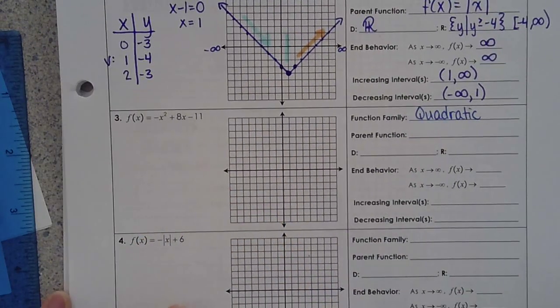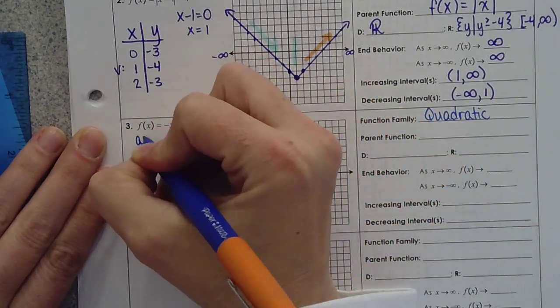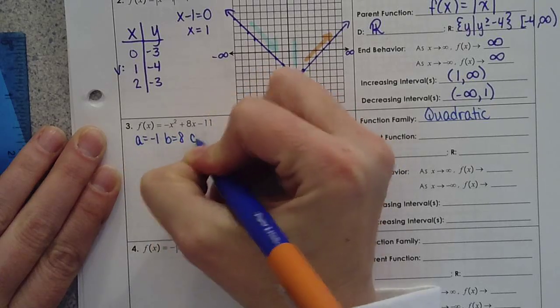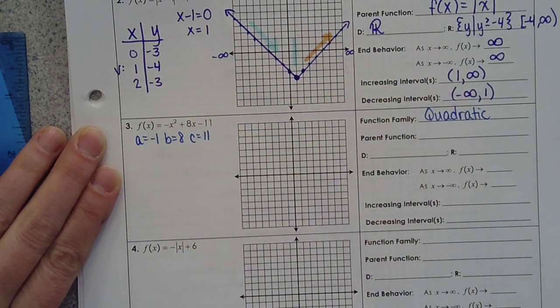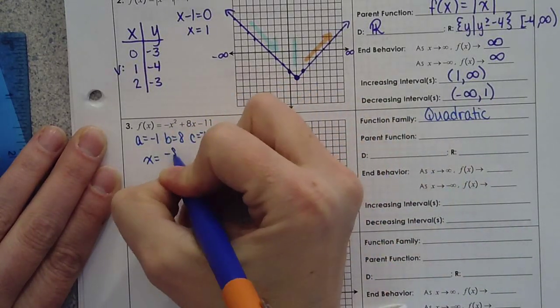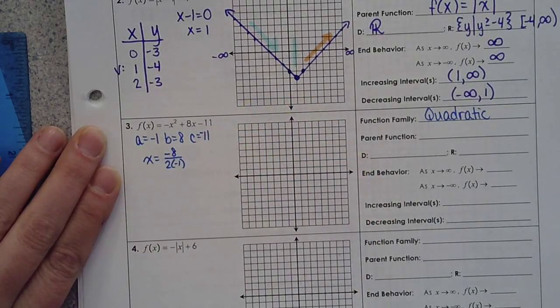Now, to graph a quadratic, remember that we start with our a, b, and c. And first we find our axis of symmetry. x equals negative b divided by 2a.